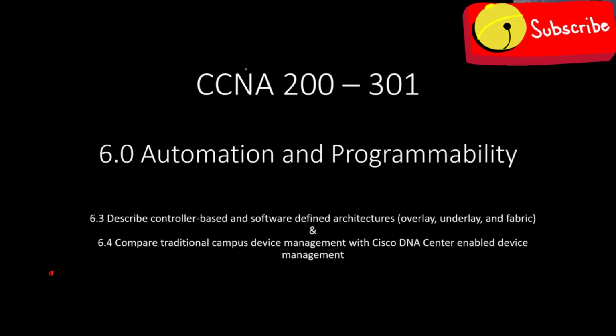So again, we're going to just go over briefly 6.3 and 6.4. We kind of touched over it a little bit in the previous lesson, but we'll go a little more into detail with the software-defined networks and such. And then we'll start downloading our developer tools. Okay, let's get into it.